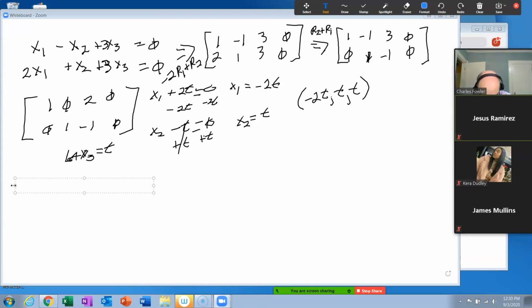This is Theorem 1.1. Every homogeneous system of linear equations is consistent.